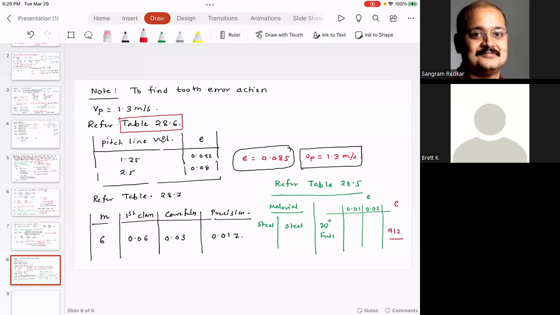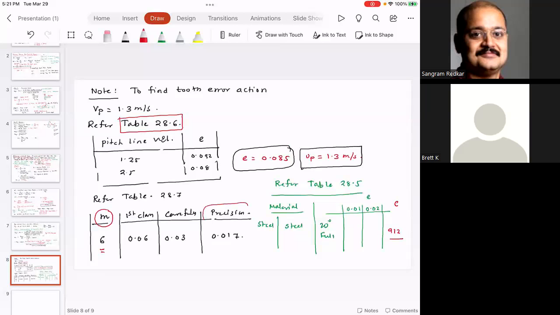Now, if someone says that I want to look at the module based error action, so the person says my module is 6. And for this 6 module, I'm going to assume maybe precision cut gears.